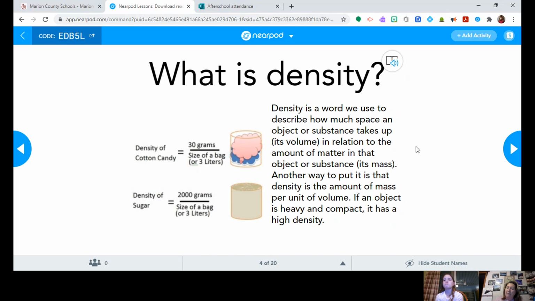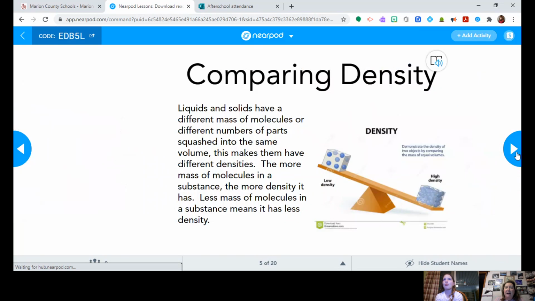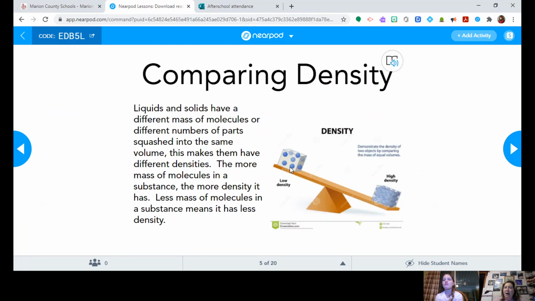Liquids are measured in density too. We can say that some liquids are denser than others. When we compare density, we're comparing the molecules and the different masses of molecules. If we jam a bunch of molecules into this box, it's going to have more density than this one that we didn't jam a lot of molecules into.